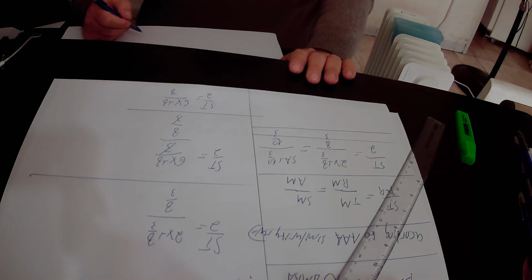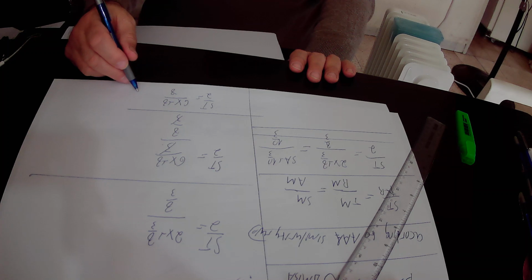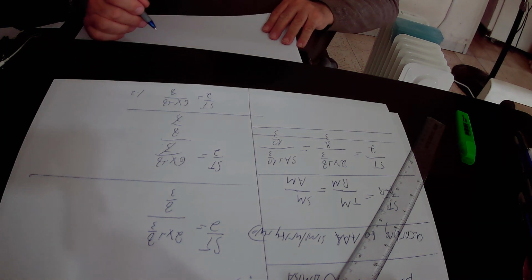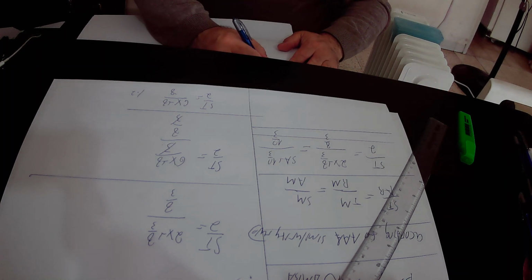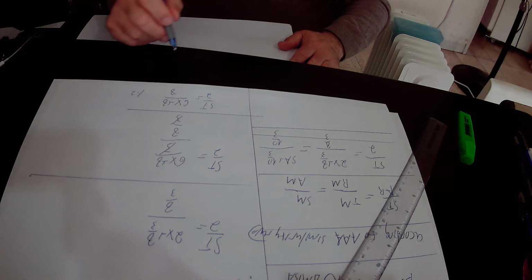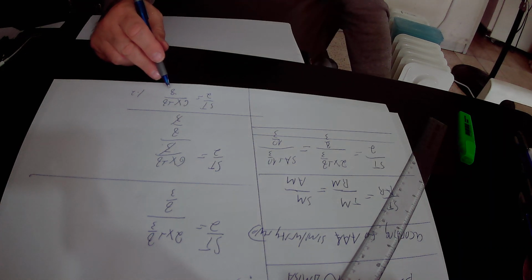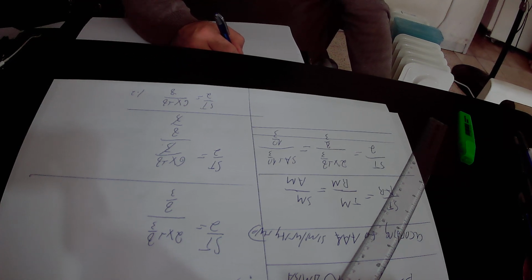So here we multiply this equation by 2. And we will get that ST equals 6x plus 8, and 2 over 8 is 4. So 6x plus 8 over 4.